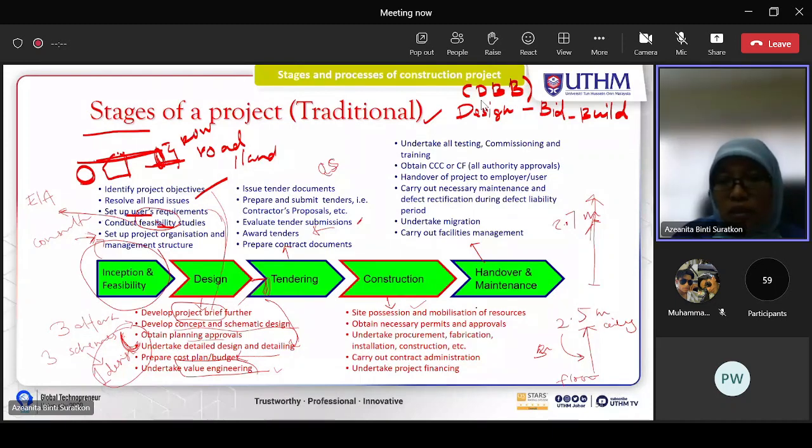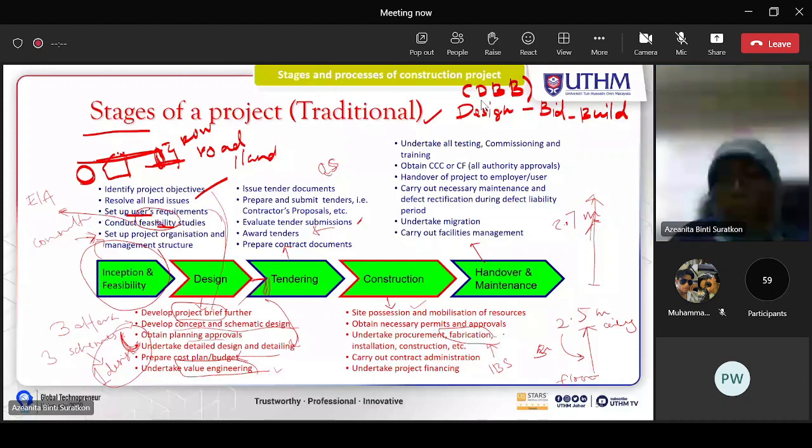And then fabrication, which may include the IBS components if they use them, so they need to order these in advance before they start the construction work. Maybe fabricate on site as well, so they need to do this fabrication earlier.